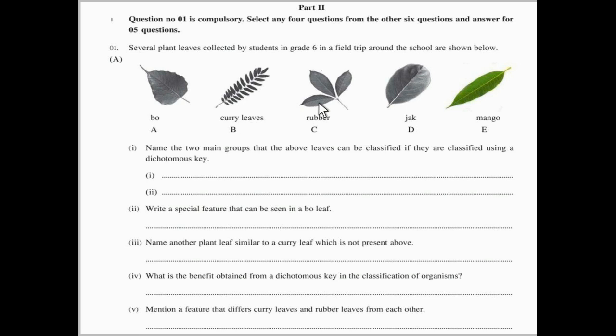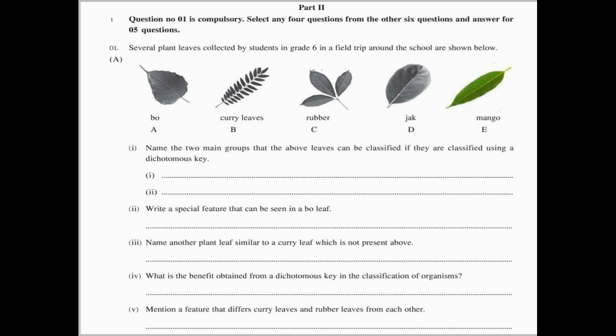But rubber do not have leaflets. They are simple type of leaves. In curry leaves there are compound type of leaves. That means they have leaflets, small leaf particles. That is the difference. Having leaflets with curry leaves, but rubber do not have leaflets.